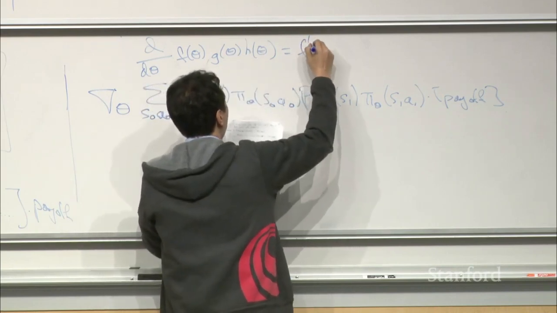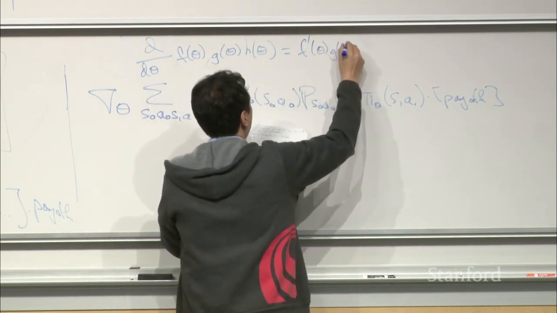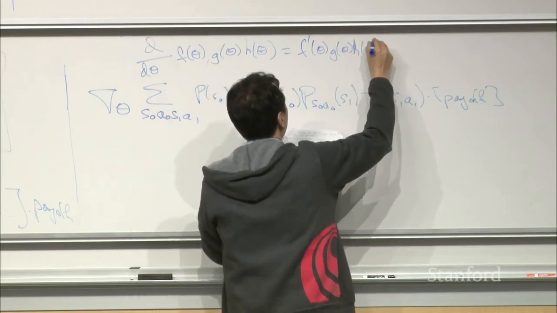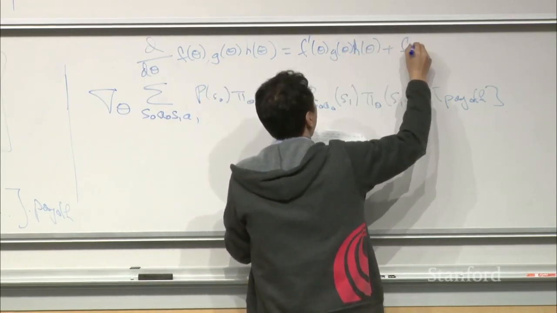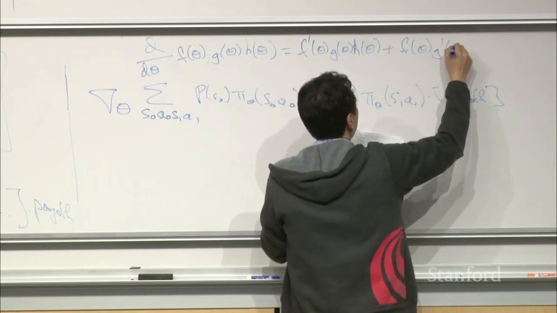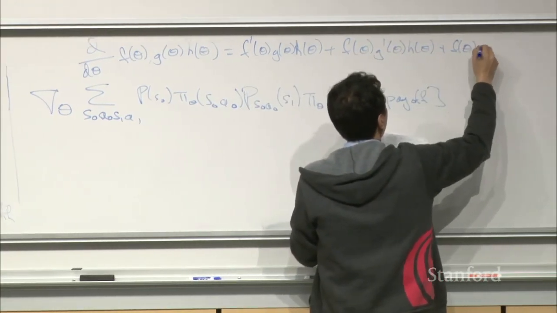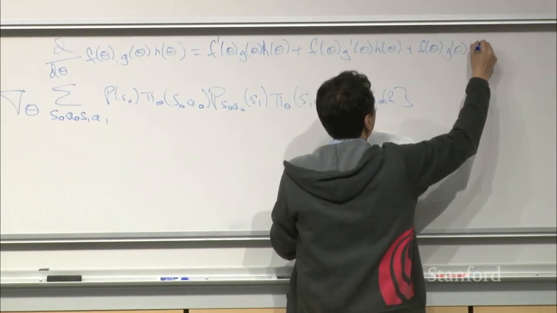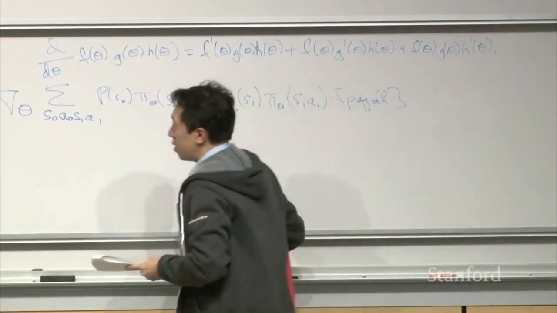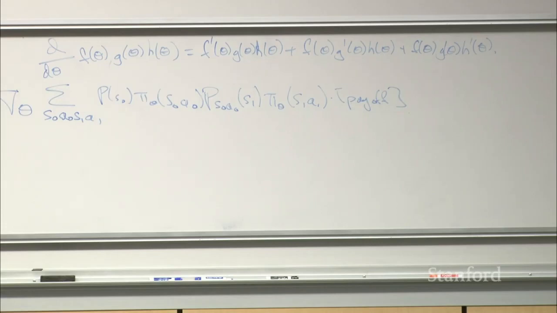So this is f prime times g times h, plus g prime here, plus h prime.